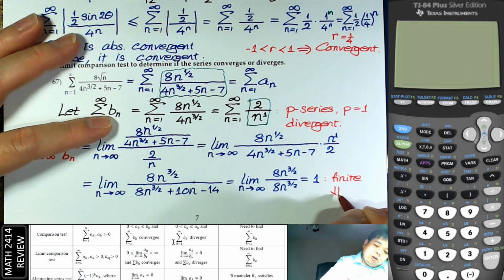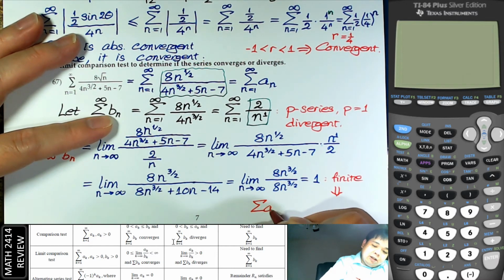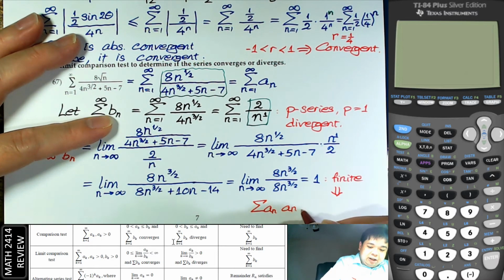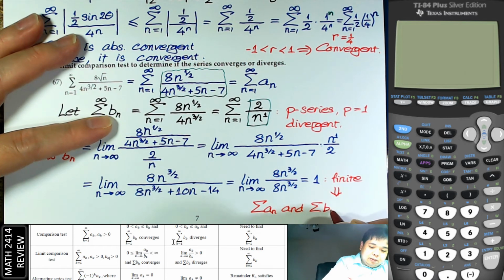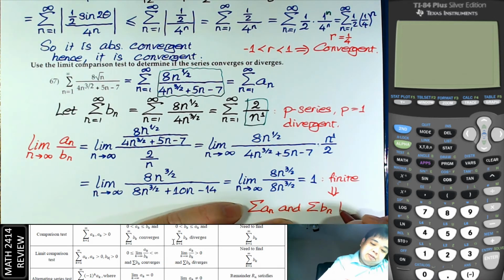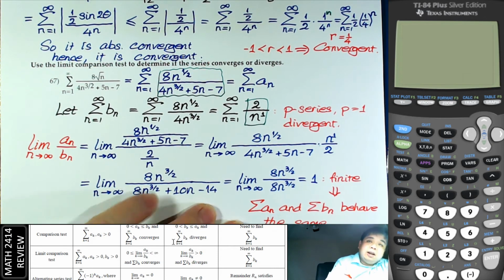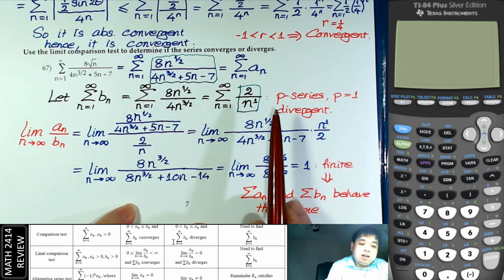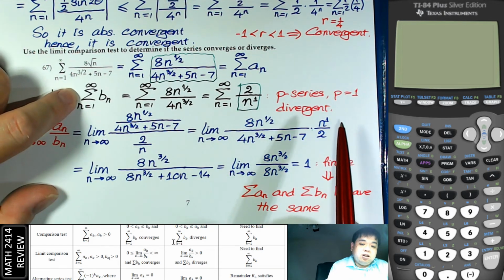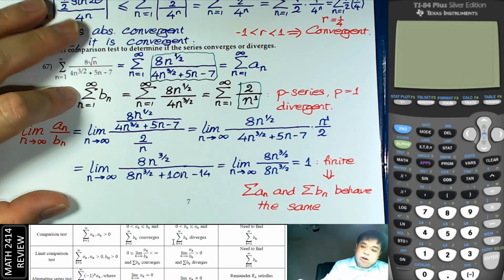So it's finite. We say a sub n and b sub n behave the same. Because of that, b sub n is divergent, so a sub n is divergent as well.